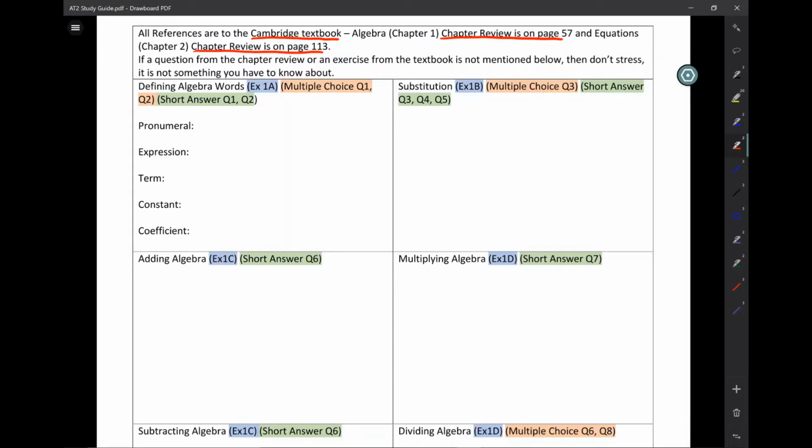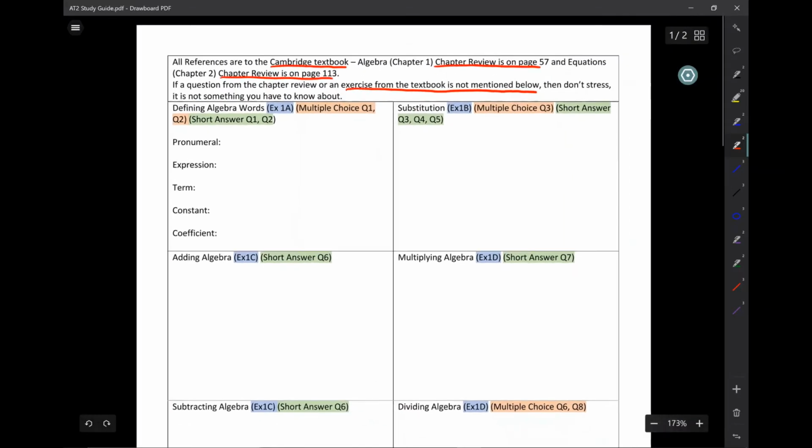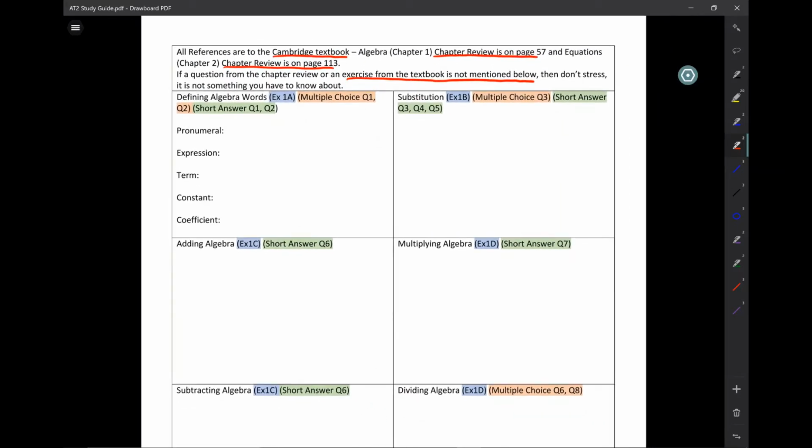And the other thing I want to draw your attention to is this second sentence here. I have written out every question in the chapter review and every exercise within the chapter that you need to know something about for your assessment.